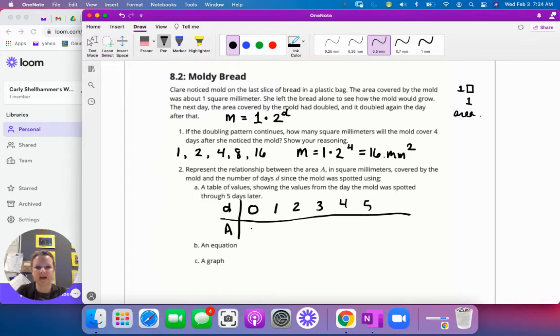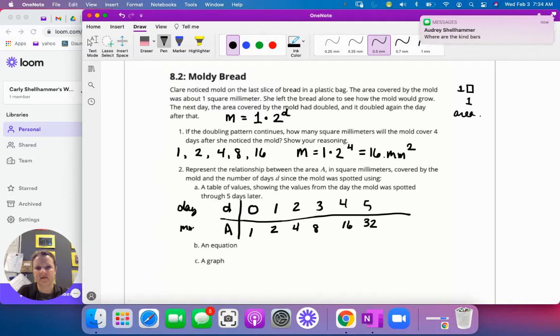So day 0, we have just 1. In day 1, we double it, we double it, we double it, double it, double it. And this is days and millimeters squared. Oh goodness, excuse that.